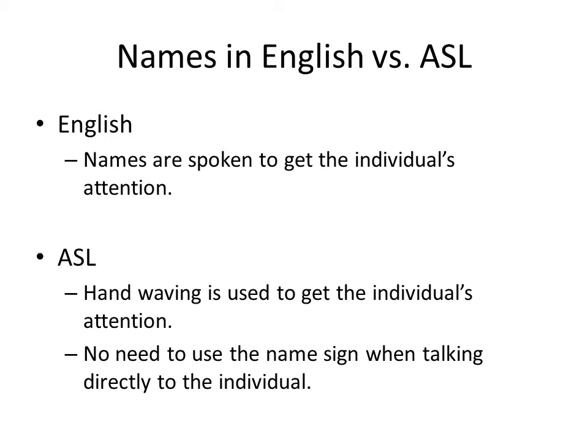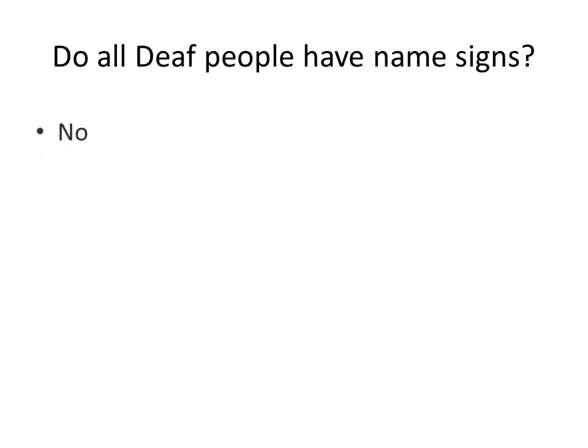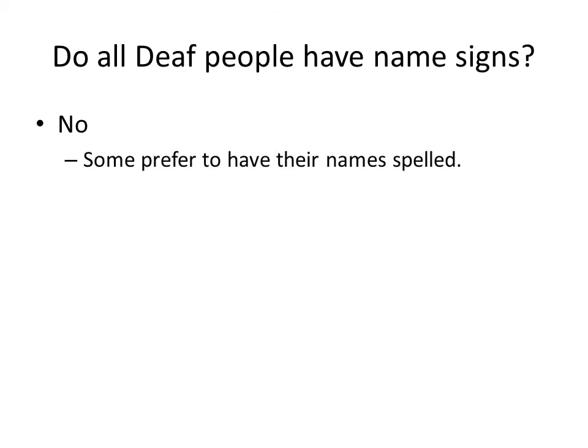Not all deaf people have name signs. Some prefer to have their names fingerspelled. People still fingerspell their names when meeting each other for the first time, even if they do have name signs. When meeting a new person, if a person has a name sign, he or she will show the name sign after fingerspelling their name.